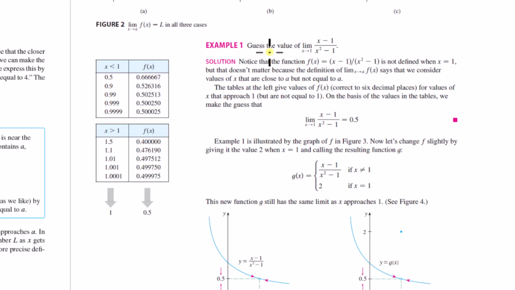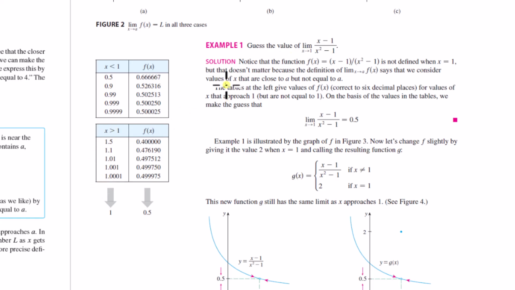What they do is plug into a calculator x values that get closer and closer to 1 from below into the function, and they do the same thing coming from above.